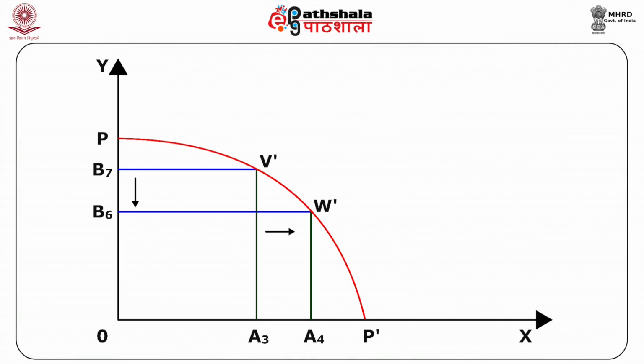You would notice that on the y-axis, OY represents the production of commodity Y, and on the x-axis we are measuring the production of commodity X. Both these, that is the production of Y as well as X, have been derived from a set of isoquants which were earlier considered in the Edgeworth box diagram.